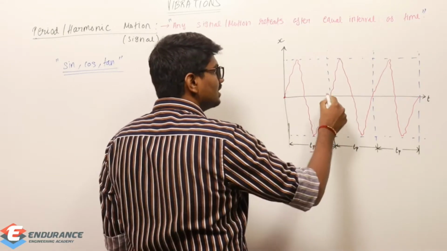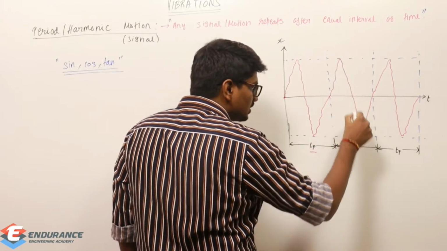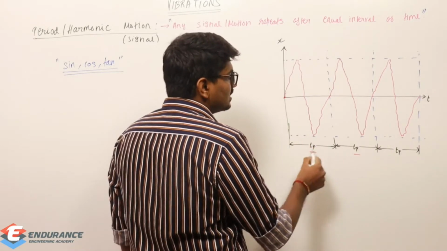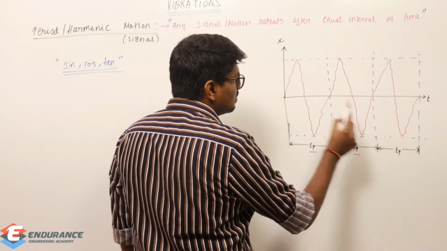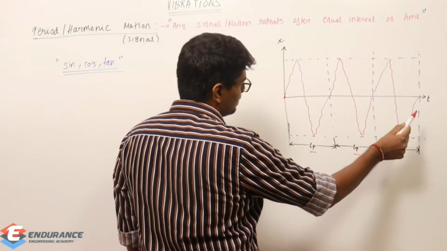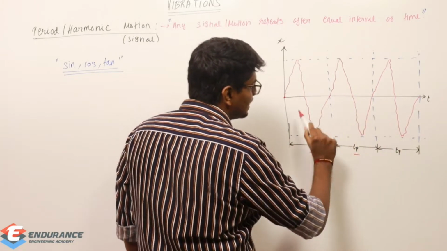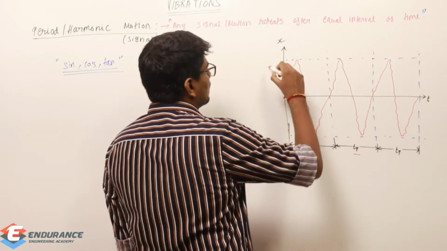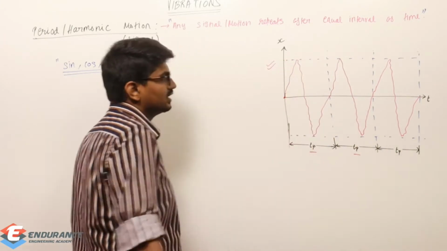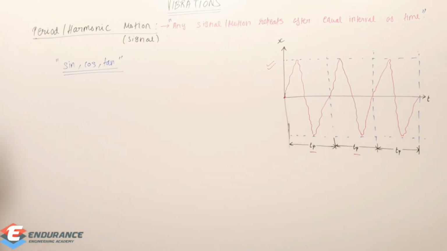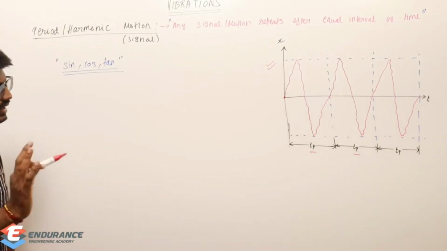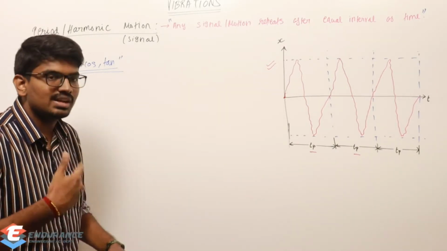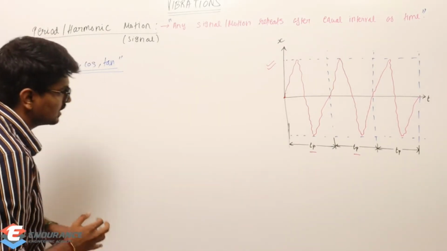And again from 0, positive maximum, 0, negative minimum, 0 in the same time period TP. So if in equal time periods TP the same motion or signal repeats, I will call it a periodic signal or harmonic signal, or periodic motion or harmonic motion. I have given you the definition also: any signal or motion that repeats after an equal interval of time is periodic or harmonic.